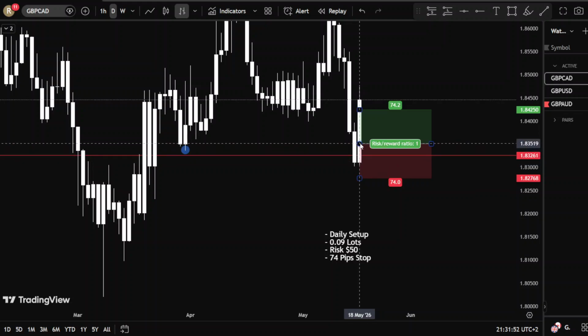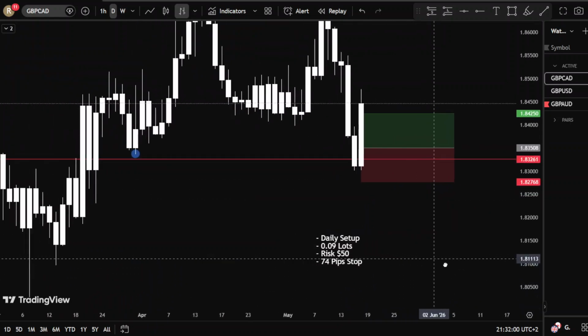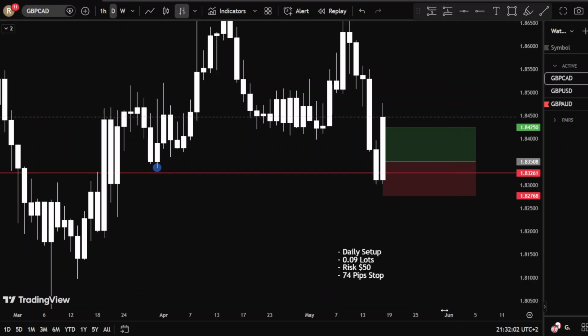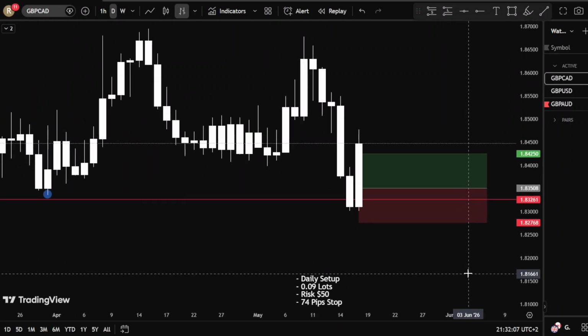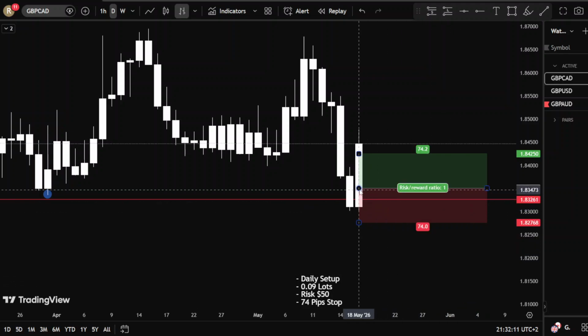When I woke up Monday morning, it had already moved quite a lot during Asia session. The session doesn't matter when you take these trades. Of course, it's better to take it during London or New York session, but it doesn't really matter. So I took it during London session in the morning.